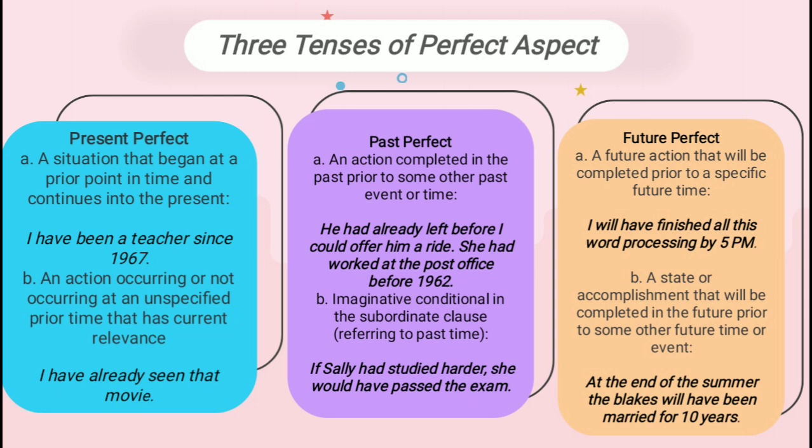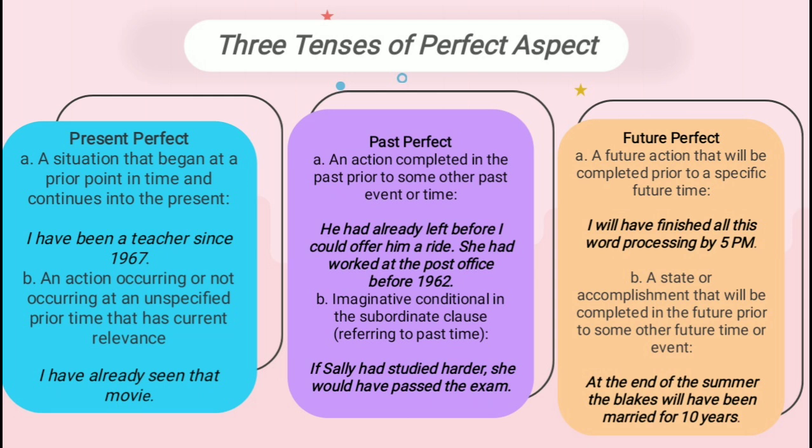Let's proceed to the past perfect. When we talk about the past, nangyari na siya, or past time na siya. An action completed in the past prior to some other past event or time. For instance, he had already left before I could offer him a ride.